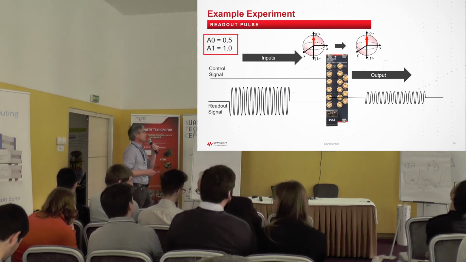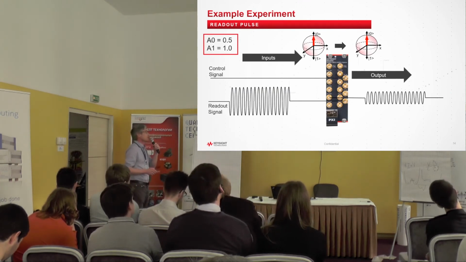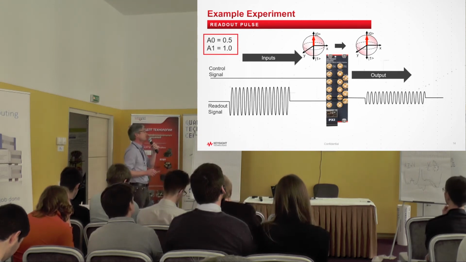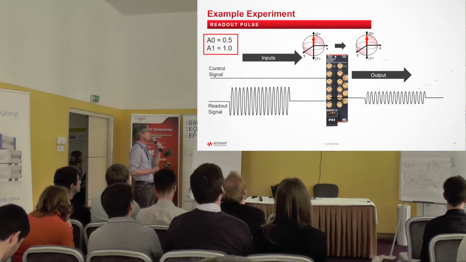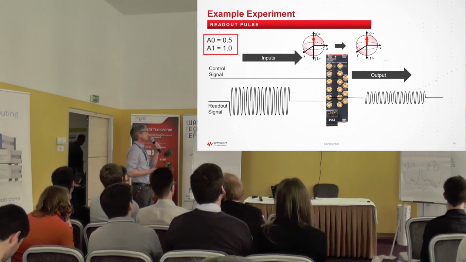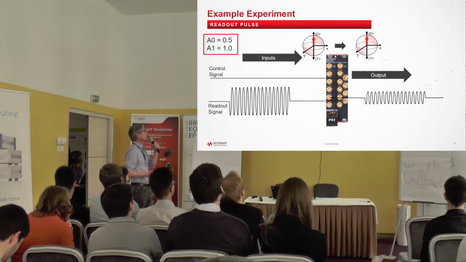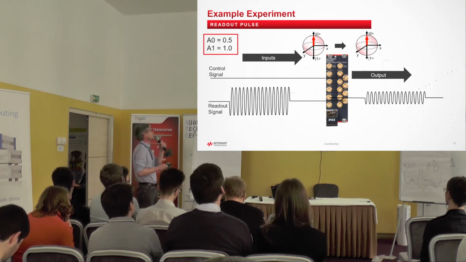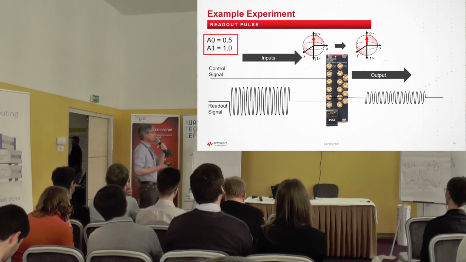So I will show you some results explaining how it works. For example, if our qubit was in the ground state and we put in a readout signal, the output signal will have the amplitude as defined by the user. The 0 state's amplitude is 0.5 and the 1 state amplitude is 1.0.